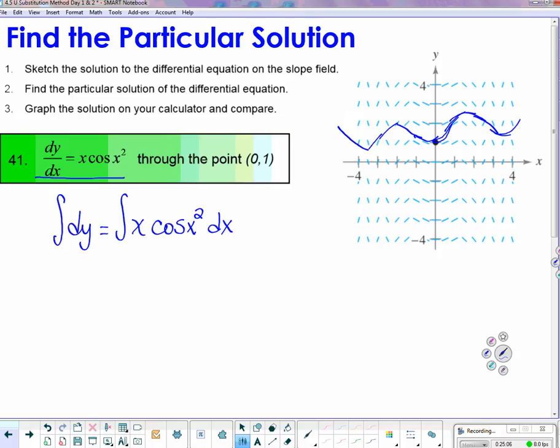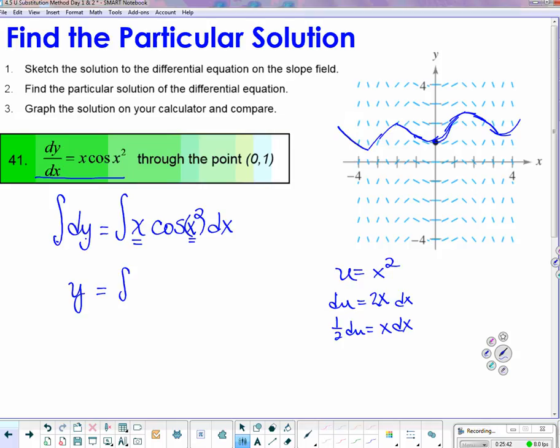So this looks like a u sub to me. I notice that I've got this x squared and an x present. Well, the derivative of x squared is x, so let's set up our u to be x squared and do a little u sub here. The du, bringing my dx over, is equal to 2x dx. I simply have an x dx, so 1/2 du is equal to an x dx, dividing both sides by 2.